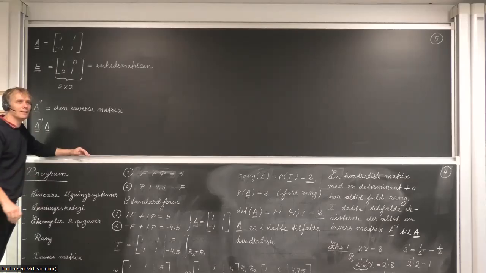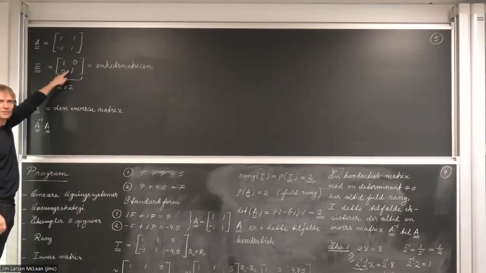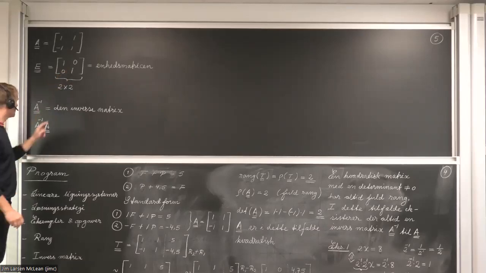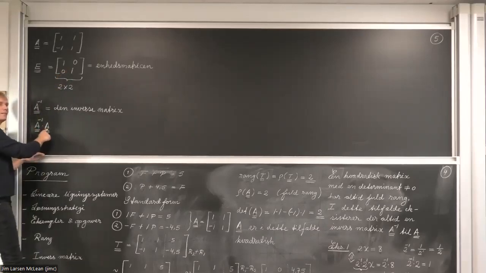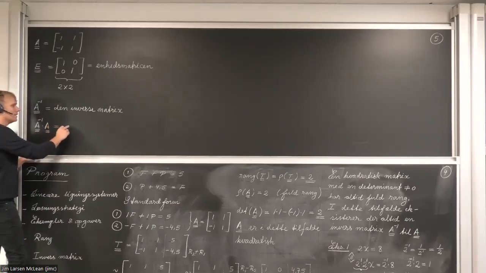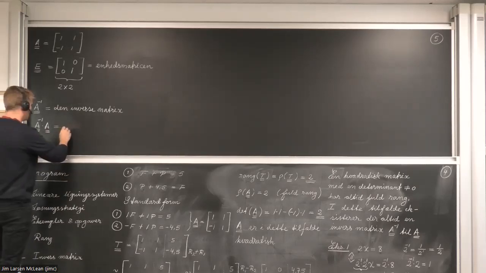It should produce a matrix 1, so it should result in the identity matrix. If this is a 3 by 3 matrix, then that is also a 3 by 3 matrix, which will be the identity 3 by 3 matrix. So it should become E.